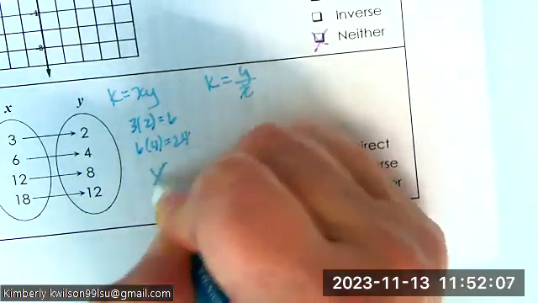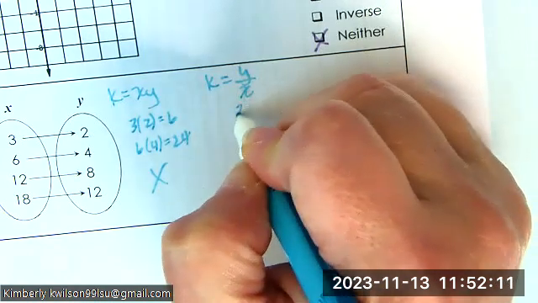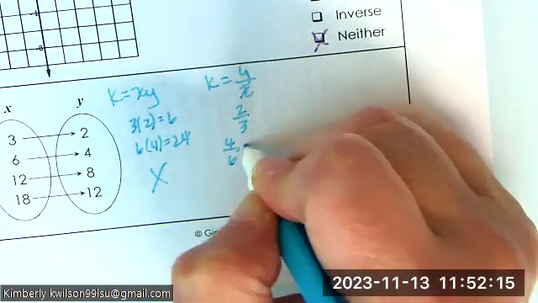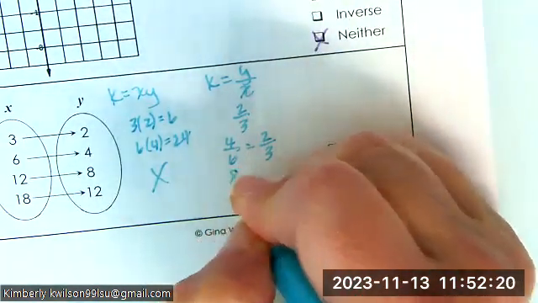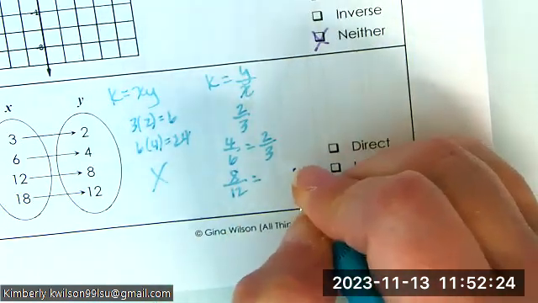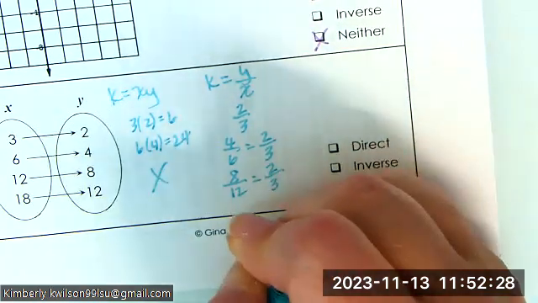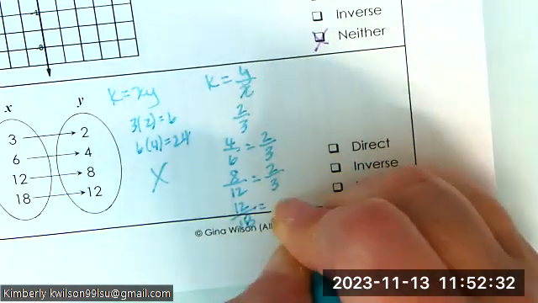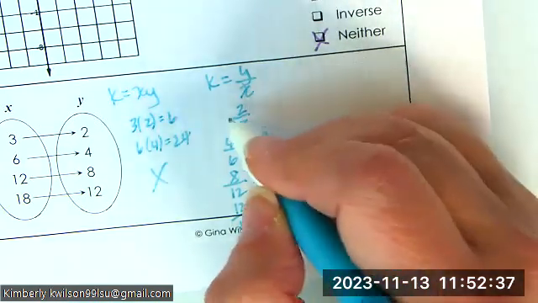So this one's not going to work. So now we're going to try this. We have 2 over 3, 4 over 6. Oh, that simplifies to 2 over 3. We're on a roll. Let's see if this continues. 8 over 12, which is divided by 4, is 2 over 3. Last one is 12 over 18. Divide by 6, and we get 2 over 3. All of these are the same.